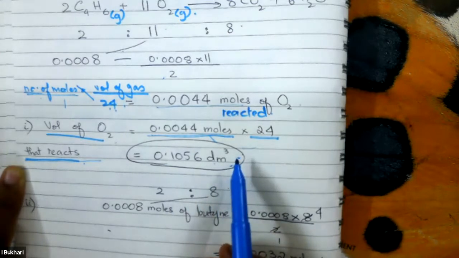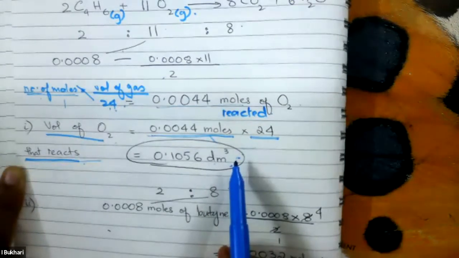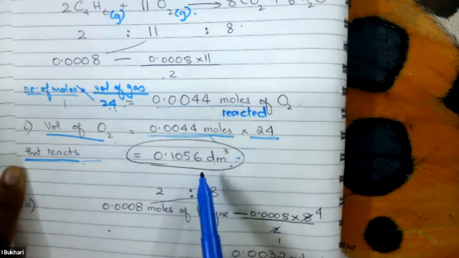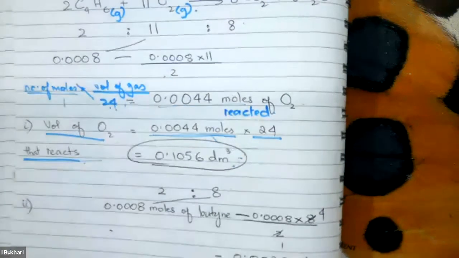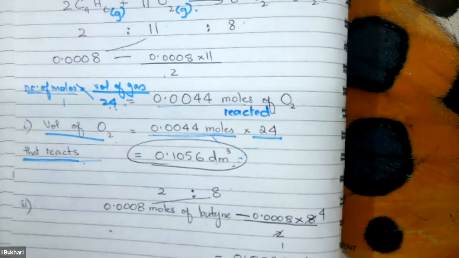Is everybody with me? Did you understand? Miss, I got 0.109. Because 0.0083 over 2 multiplied by 11, I'm getting 0.00456, and then multiplied by 24 I get 0.109.